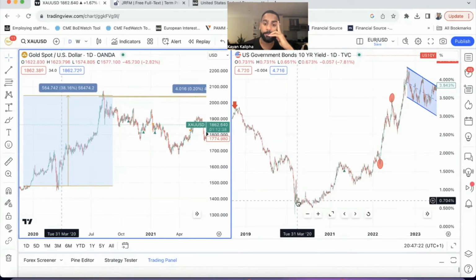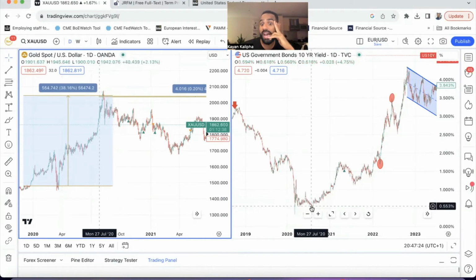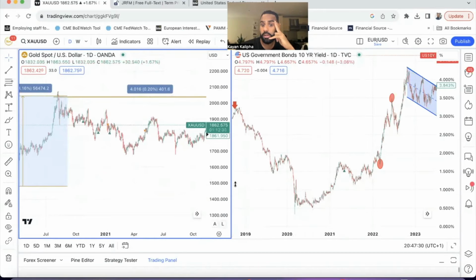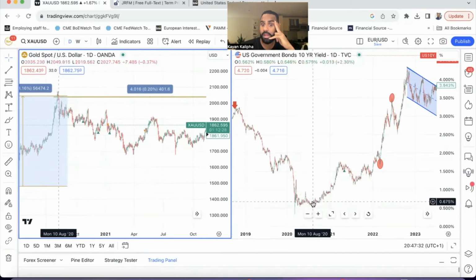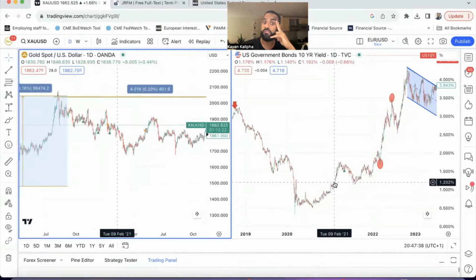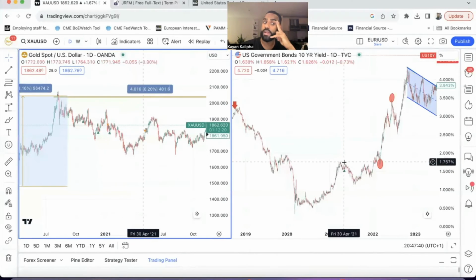Okay. And then what happened? Notice how when the bond yields bottomed, gold peaked. And then here came the climb of the bond market. Inflation was getting higher and higher. Bond yields started to rise because investors wanted more protection over that inflation.